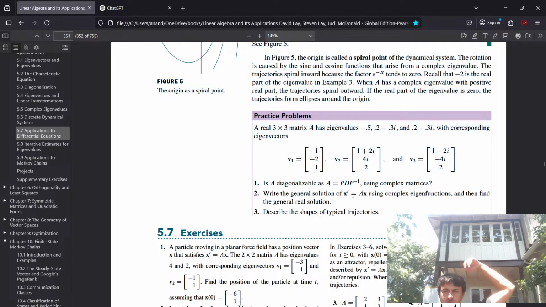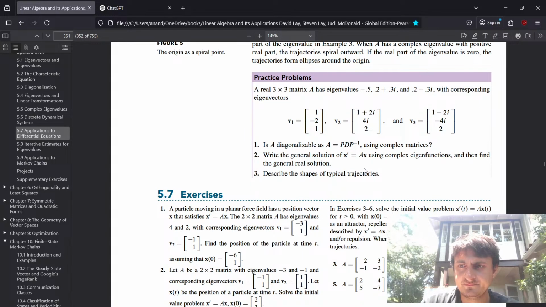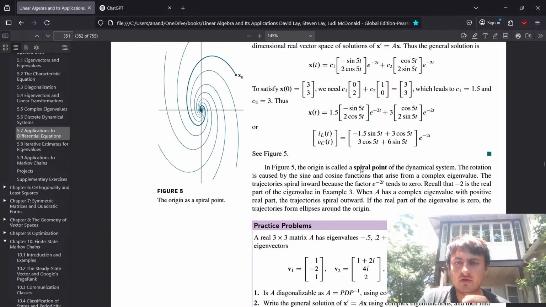You write it as C1 times e to the minus 0.5 t times v1, plus C2 e to the (0.2 plus 0.3i) t times v2, and so on. But to find the general real solution is really way harder. I don't like that part.